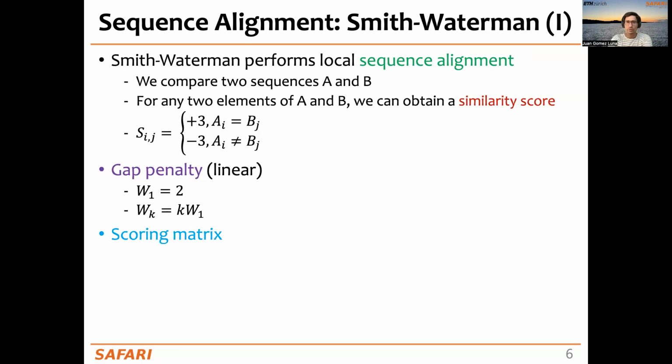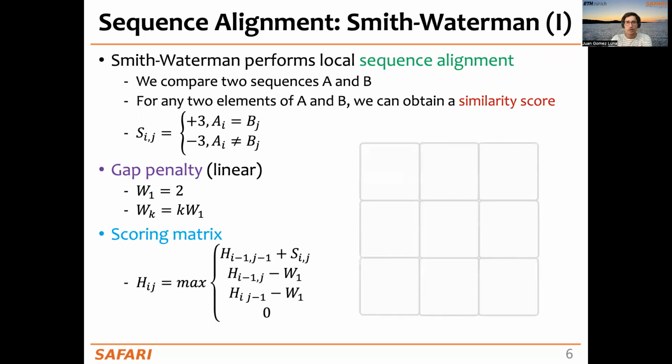And in Smith-Waterman, one thing that we'll have to do is computing a scoring matrix. We compute the scoring matrix using a certain expression, like this one, which is the maximum of the neighboring values and either adding the similarity score or subtracting the gap penalty.